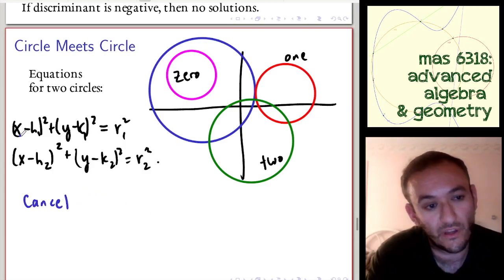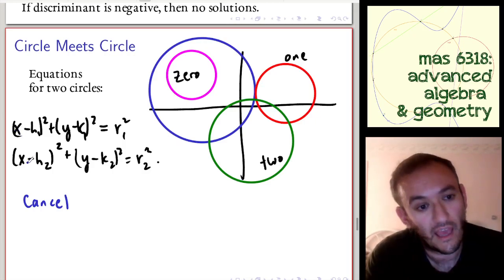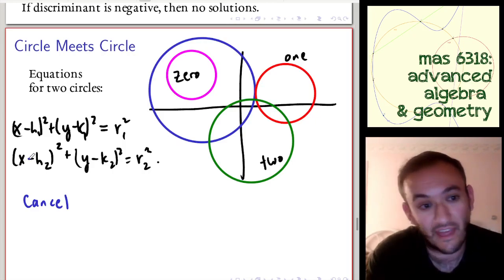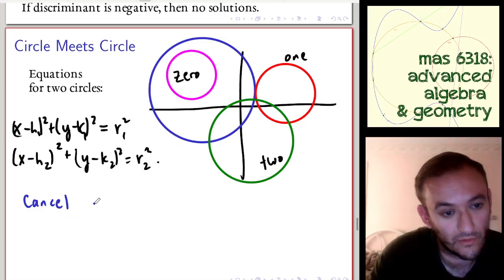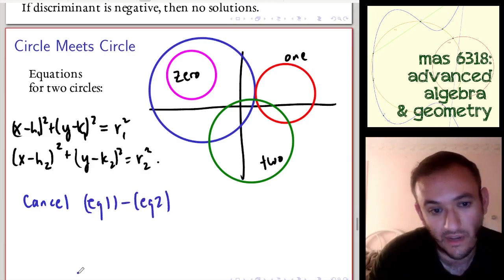So in this case, we know we're going to have an x squared term in the first equation and an x squared term in the second equation. So we're going to try and cancel out that x squared term. So we're going to take equation 1 minus equation 2. We're going to see what happens.